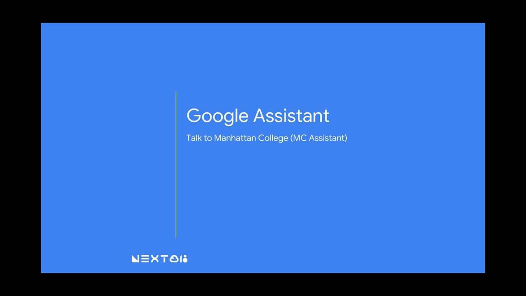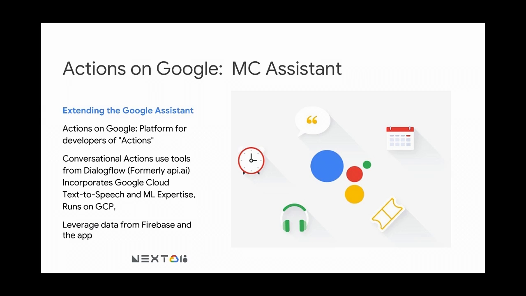I went through some of this. We've also taken some of these concepts and experimented with a bunch of Google Assistant actions. The most recent one is Talk to Manhattan College. There's a way to extend the Assistant and use the Dialogflow conversational action piece to leverage the data from Firebase and the app.